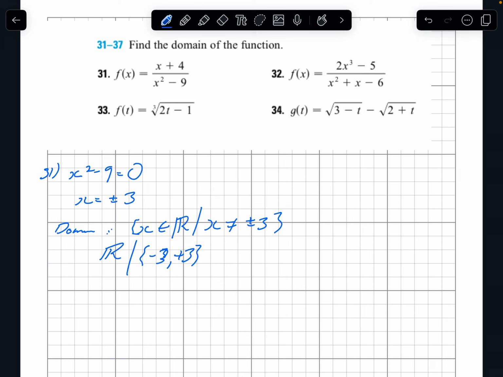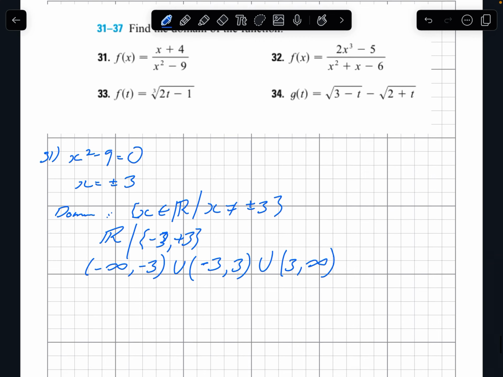Or you could write it as minus infinity to minus 3 union minus 3 to 3 union 3 to infinity. Right, lots of different ways to write these domains. They're all equivalent.